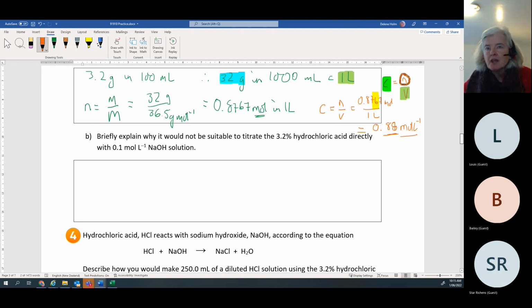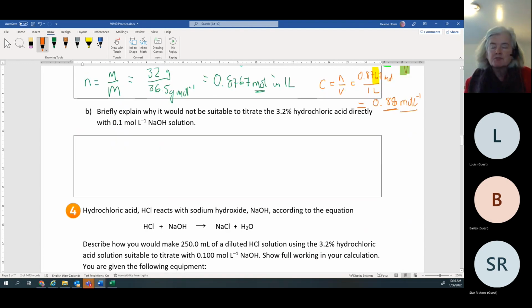So now here, this just helps support your answer at the very end when you go home after the lab and you do a write-up of the report. You have to explain why you actually had to titrate it.